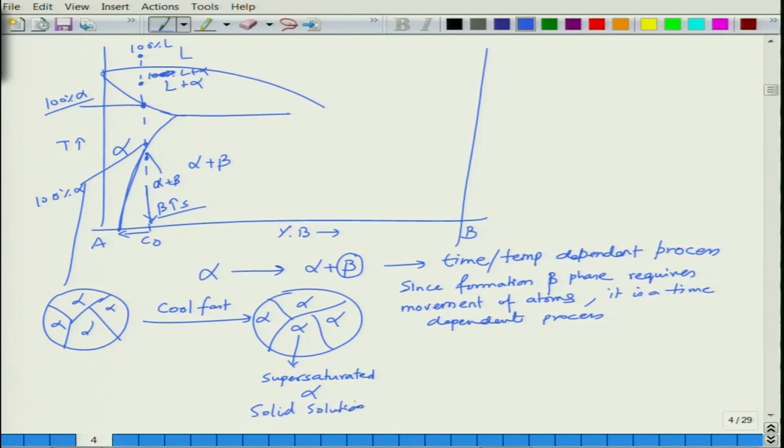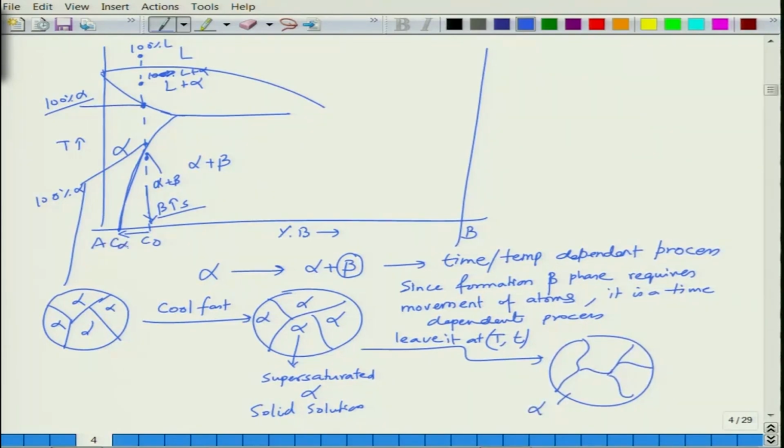But if you leave it at certain temperature for certain time, then beta will slowly form in the matrix of alpha. So, now you will have alpha with solid solubility C alpha. Here it will be alpha with C naught, but at room temperature it is a supersaturated solution.